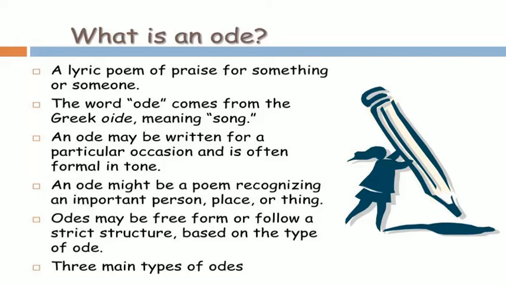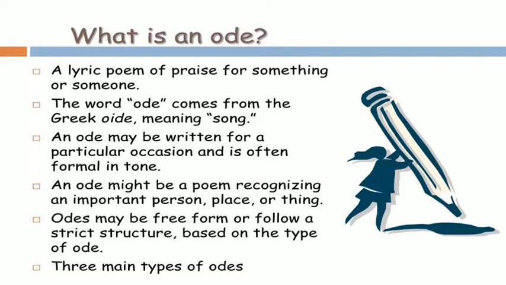Odes were originally a form of Greek lyrical poetry composed to honor some important people or places or events, which were accompanied by music. But later on, it became a poem addressing even commonplace things, like a skylark in this poem.